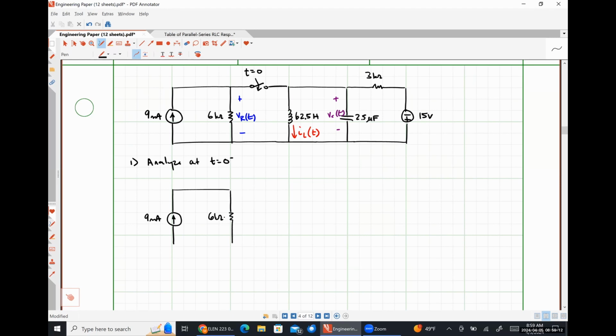Six kilo ohms. Our switch is open. Here is our inductor as a short circuit. Here is our capacitor as an open circuit. Here's our 3 kilo ohm resistor. There's our 15-volt source.